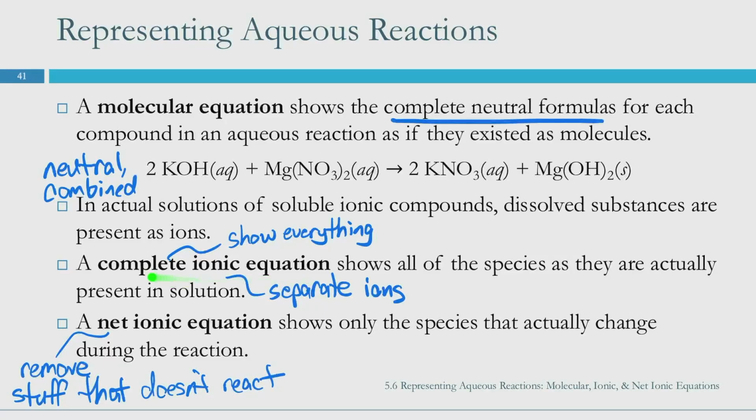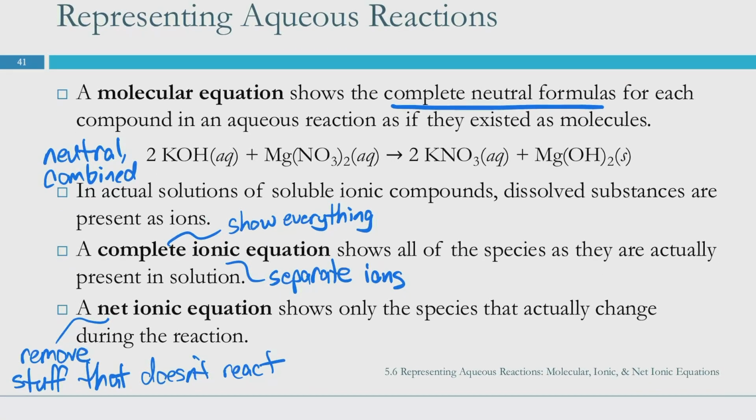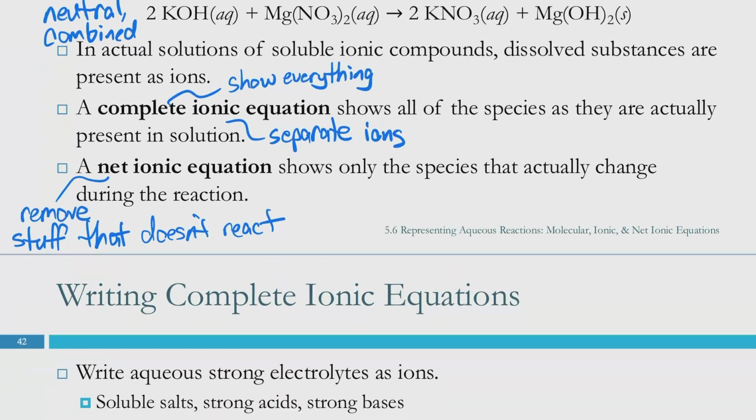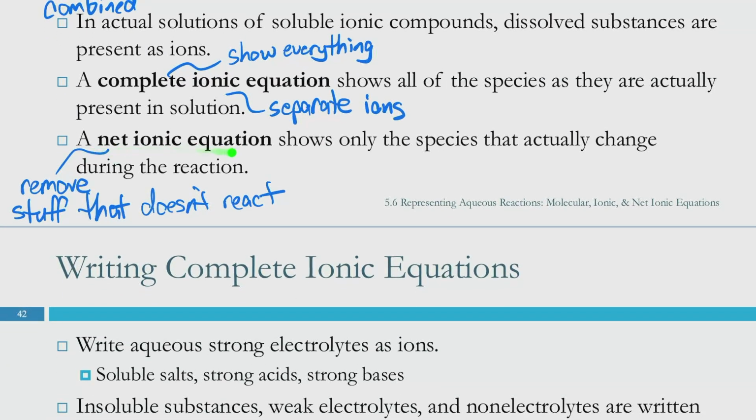You could also think of the complete ionic equation as the gross ionic equation, in the same way that gross pay and net pay, if any of us are workers. Gross pay is the amount that is on paper, this is what you're getting paid, and net pay is after all the taxes are taken out. So our net ionic equation, after all the stuff that doesn't matter that you don't get to actually keep, gets taken out. So our net ionic equation is just going to be showing the things that change.